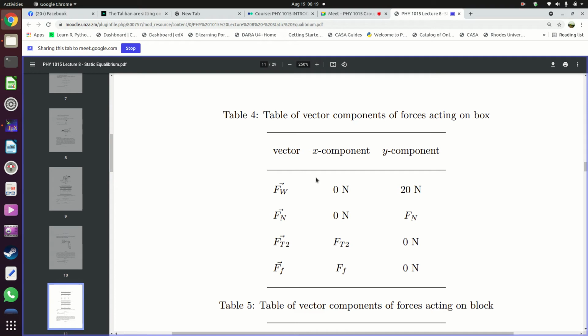So you write, somewhere on top here, 20 newtons cos 270. That should give you 0 newtons. But if you do 20 newtons sine 270, that should give you minus 20. So this 20 which you have here is supposed to be minus 20. Are we clear?